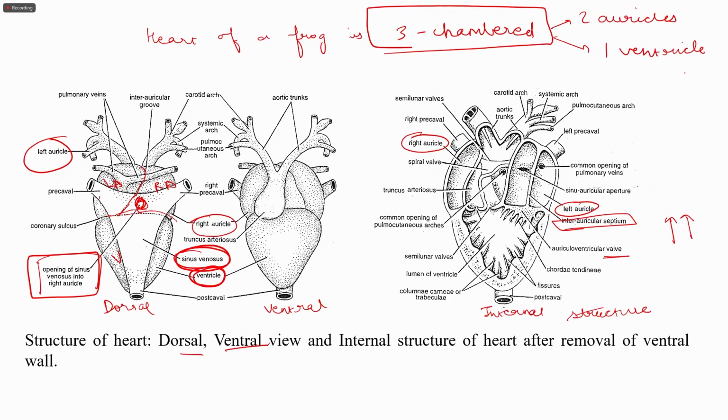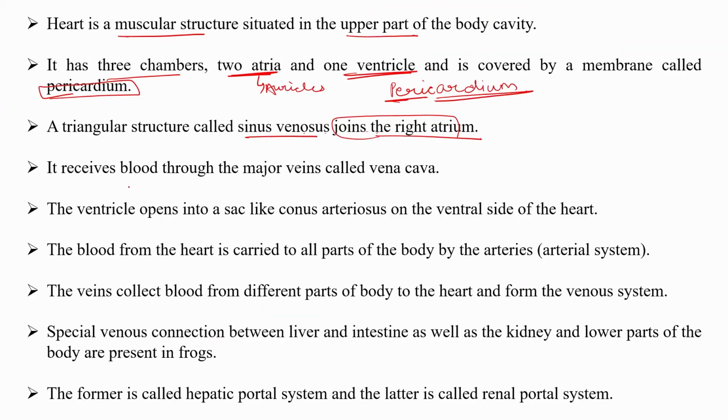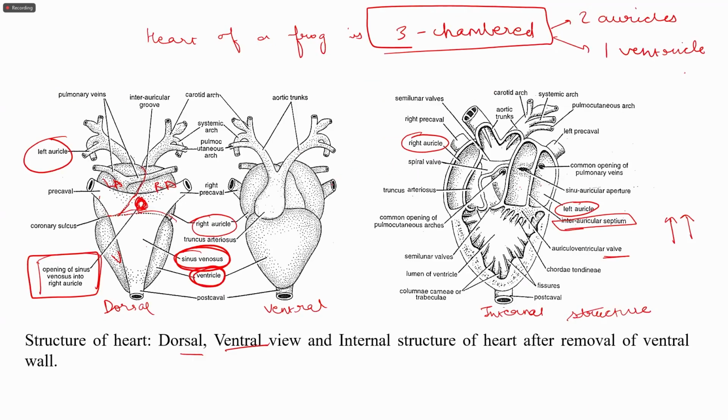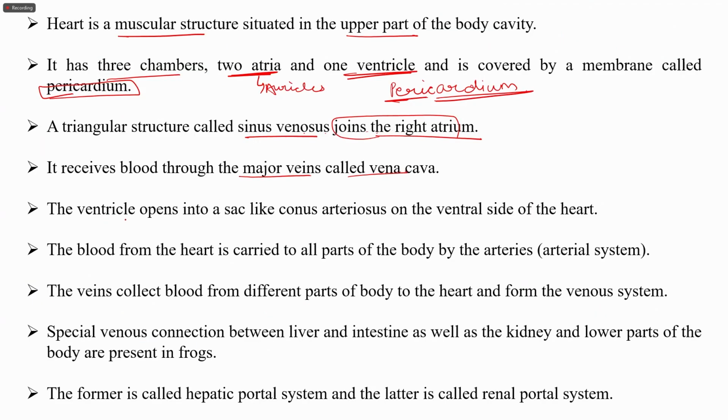It receives blood through the major veins called the vena cava. So most of the waste blood from the body is received through the major vein, the vena cava.